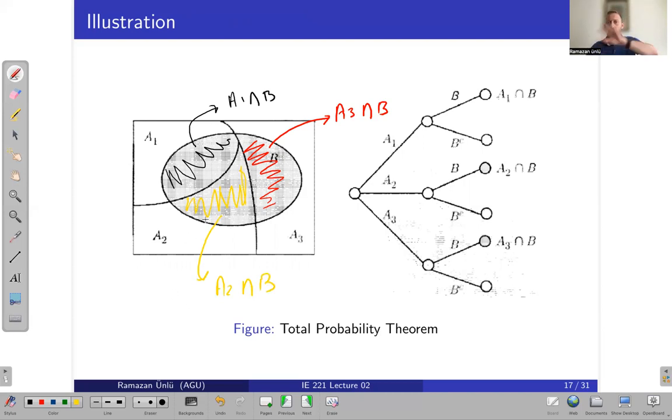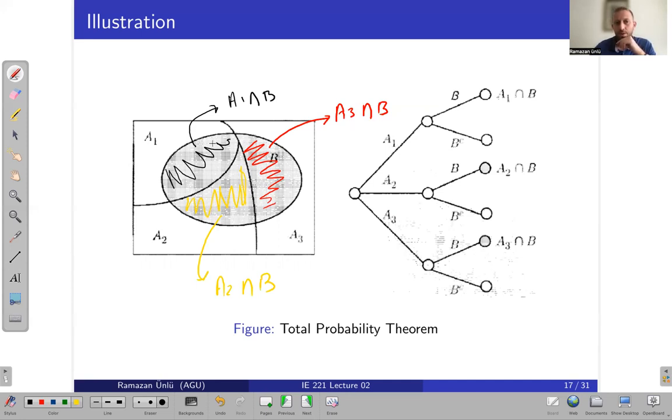So let's say there are some points here, and I just want to pick one from B. And I'm going to ask you, what is the probability that the chosen sample point belongs to A1?